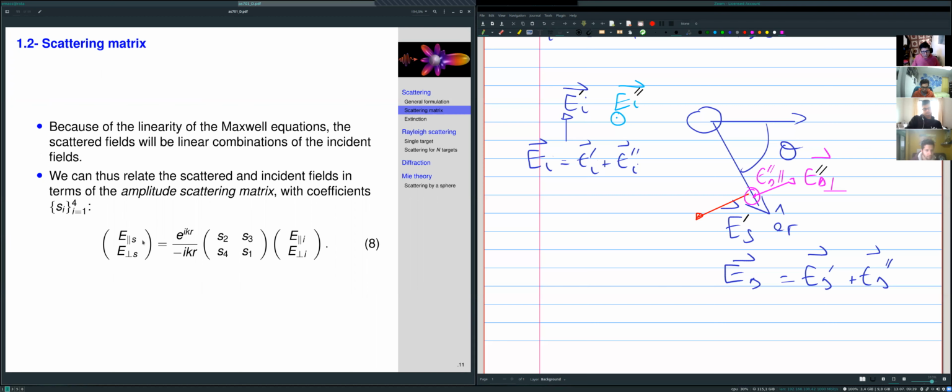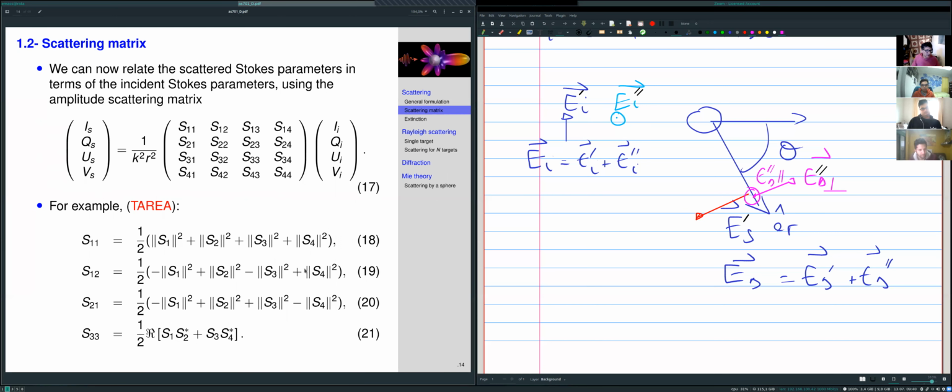This is, of course, a set of two linear equations. You look at E perpendicular S, and that's going to depend on S4 E1 and S1 E perpendicular I. So you can write down these two equations and connect E parallel and perpendicular S with the incident field.